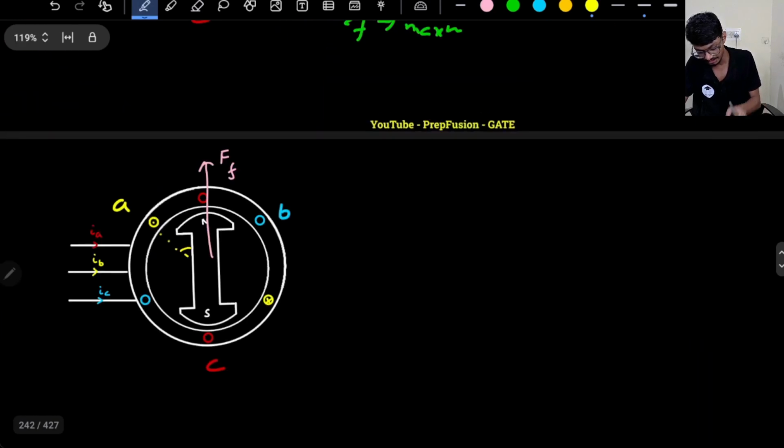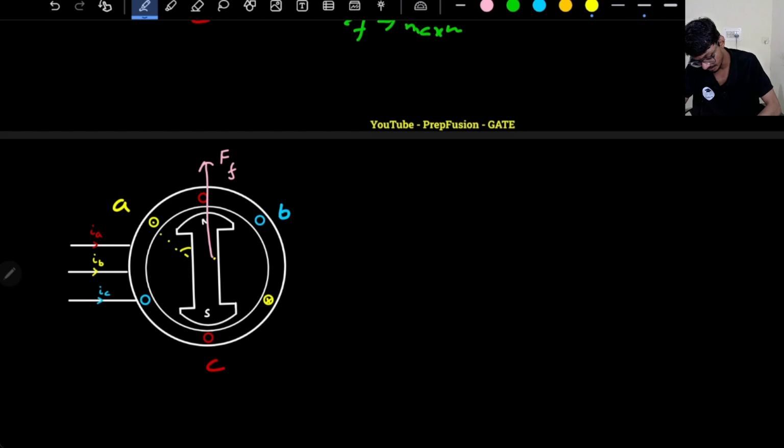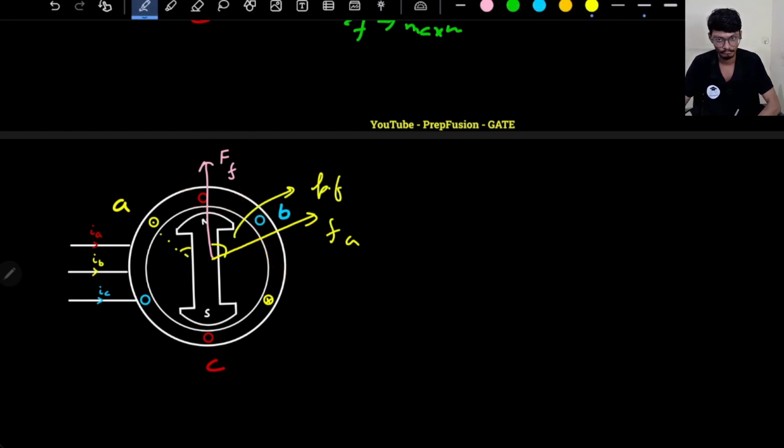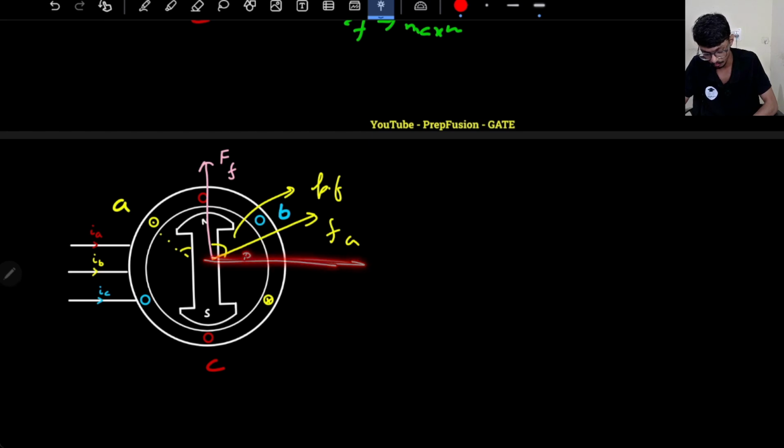If I take the curl of my fingers, I see that the direction of the armature mmf will be somewhere here. This angle between the field mmf and the armature mmf depends on the power factor. The more this angle changes, the more the power factor changes. If it is very near to the direct axis, the air gap is very low, so the interaction will be very good. If the power factor is very high, then the interaction will be very bad, because the flux has to pass through all this air gap, which provides high reluctance.